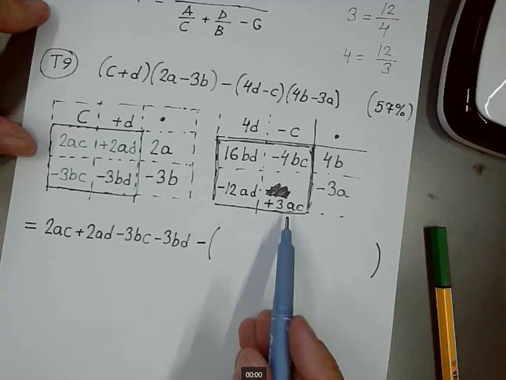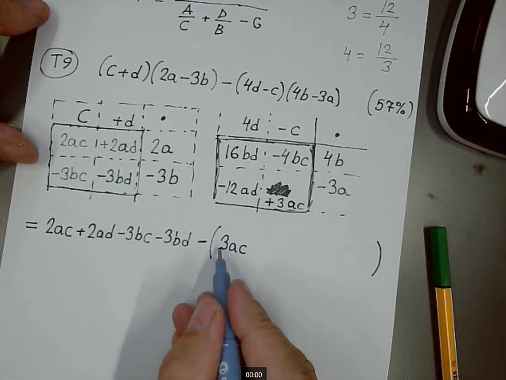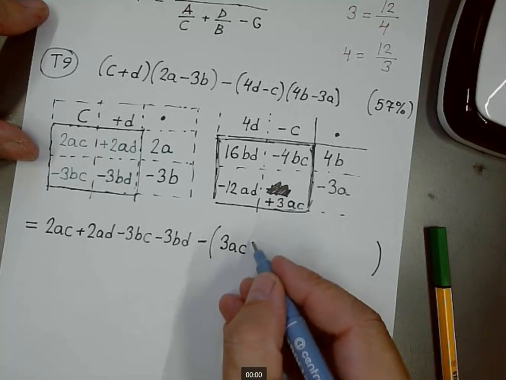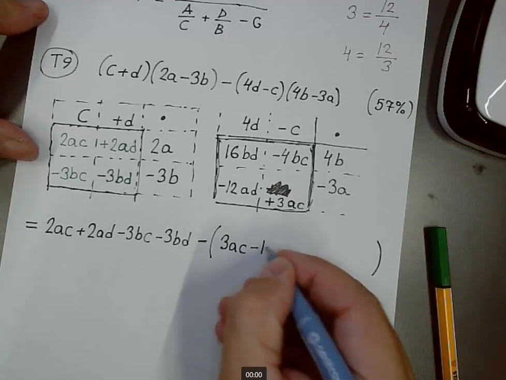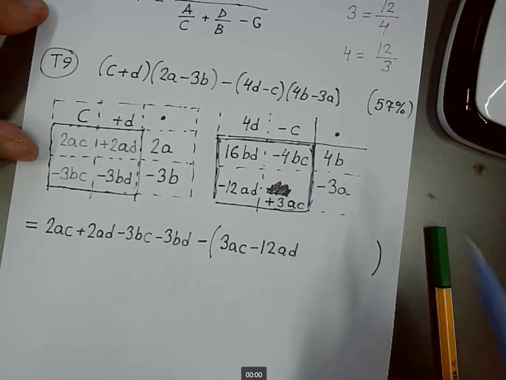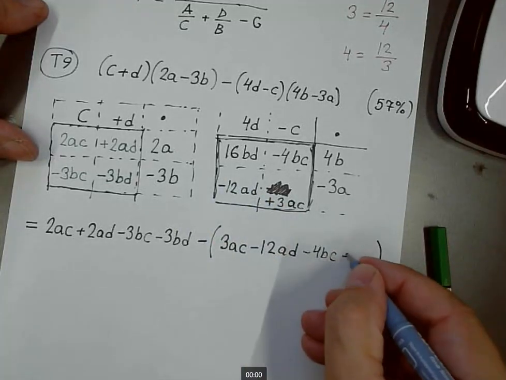So there will be 3AC. It is not necessary to write that plus sign there. And then we have minus 12AD and minus 4BC and plus 16BD.